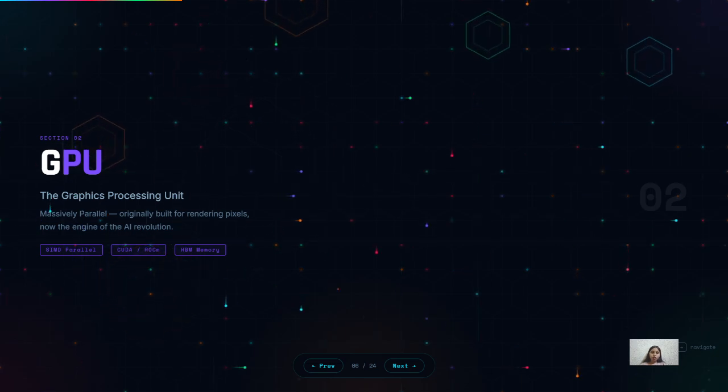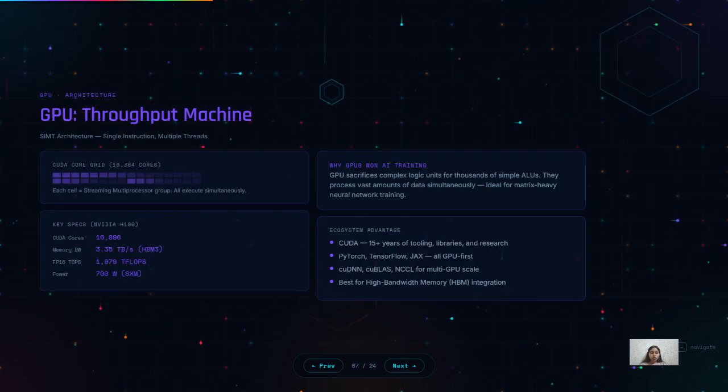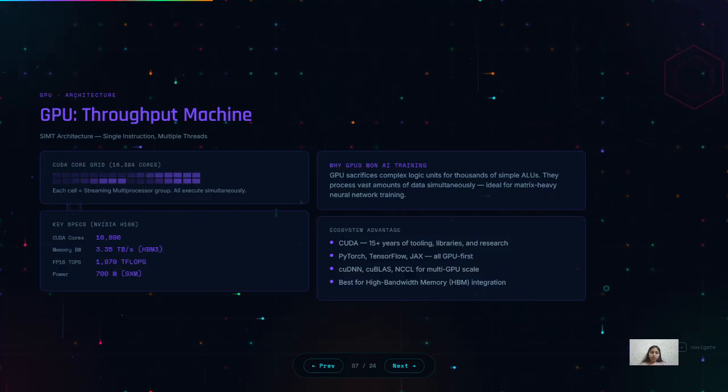Let's move forward to the GPU as a throughput machine. Unlike CPUs, GPUs sacrifice complex control logic to maximize throughput. Instead of a few strong cores, GPUs contain thousands of lightweight CUDA cores. This makes them incredibly efficient for matrix multiplication, deep learning simulation, and rendering.